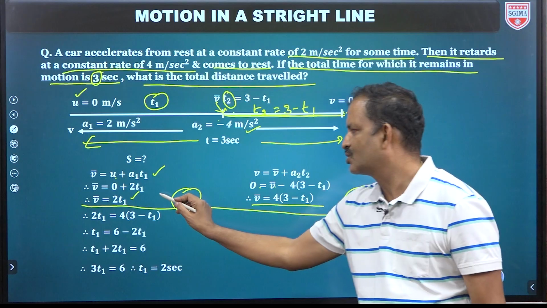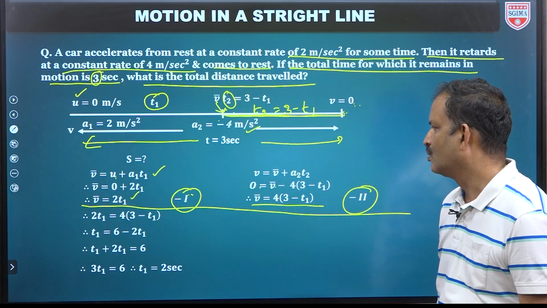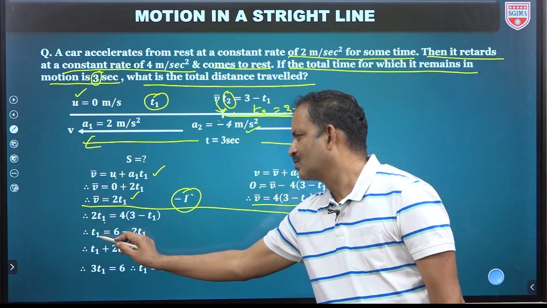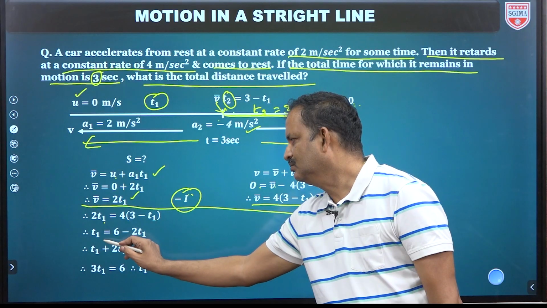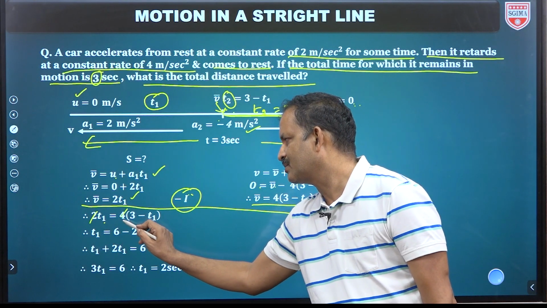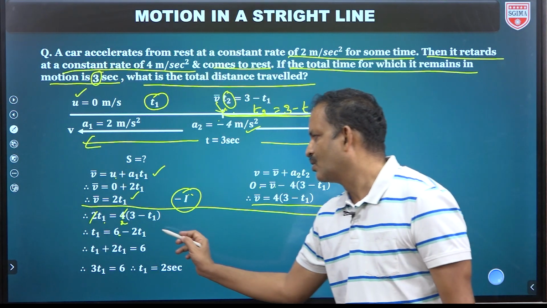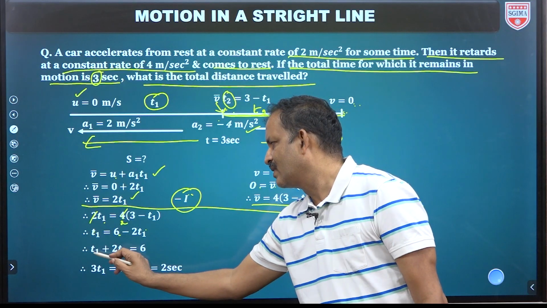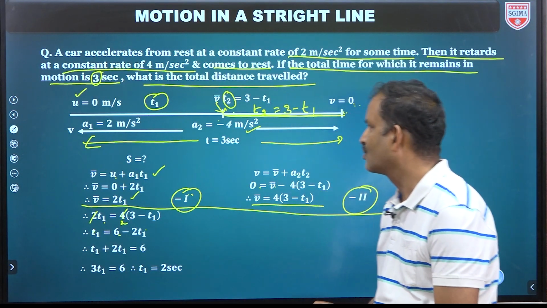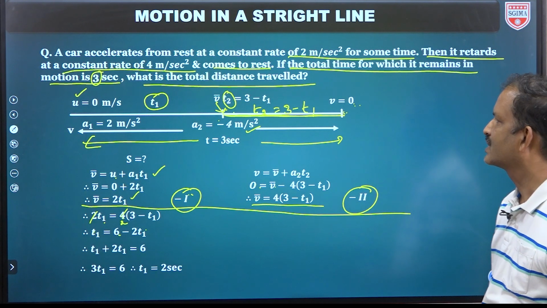I am equating these two because both are v. 2t1 is equal to 4 times 3 minus t1. So, 2t1 is 12 minus 4t1, hence 6t1 is 12, and t1 is equal to 2 seconds I got.